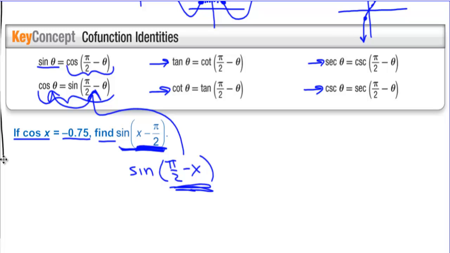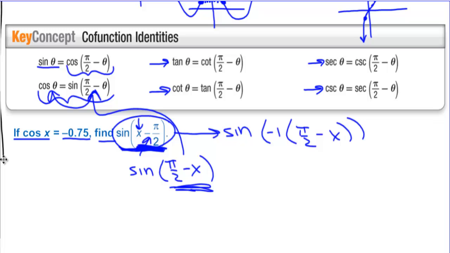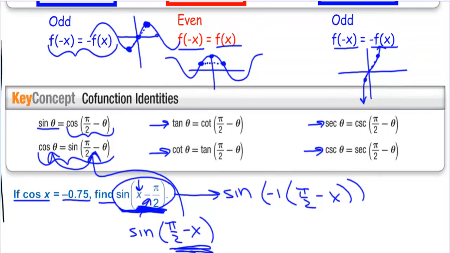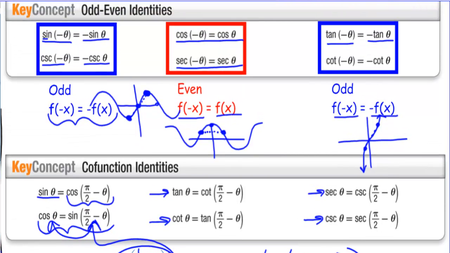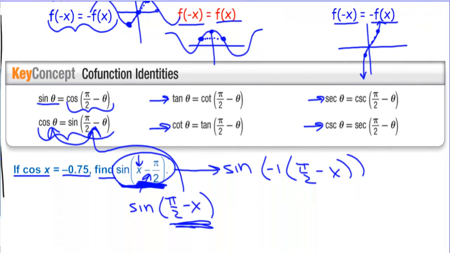Well, we can factor out a negative 1 inside. So we can write that this right here is equal to the sine of negative 1 times, if I factor out a negative 1, that negative pi over 2 becomes positive pi over 2, and the x becomes negative x. So I have minus x. Well, sine is an odd function. So if we go back to the odd and the even, the sine of negative theta is equal to the negative sine of theta because they're odd.